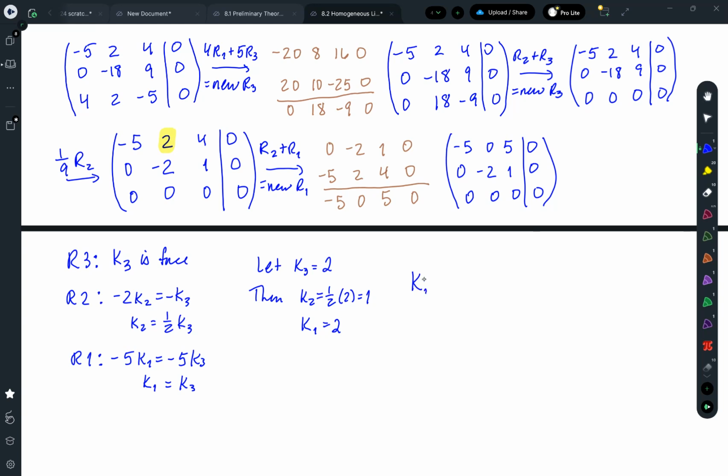So our K1 eigenvector, which has components K1, K2, and K3, will equal the vector with components 2, 1, 2.